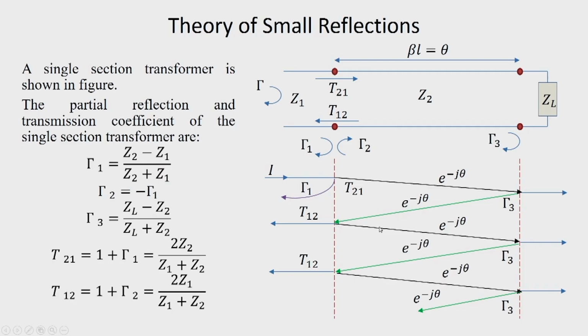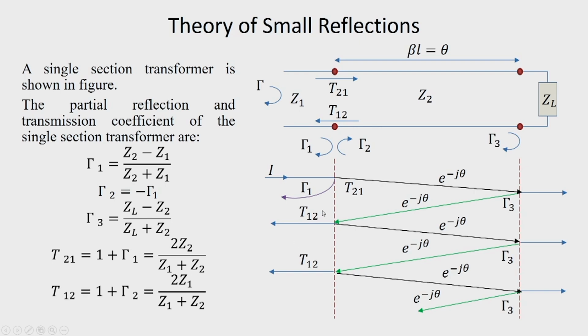get reflected again, and we have gamma 2 as the partial reflection coefficient, and T12 will be the transmission coefficient here. So, finally, the wave that will emerge from here will be T21 e to the power minus j 2 theta into gamma 3 into T12.